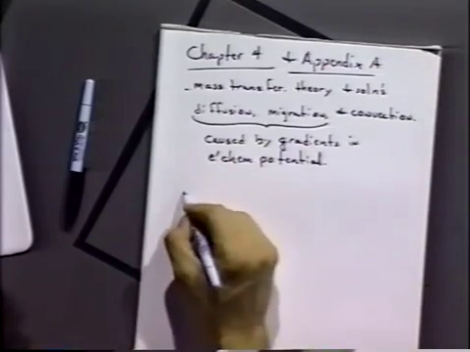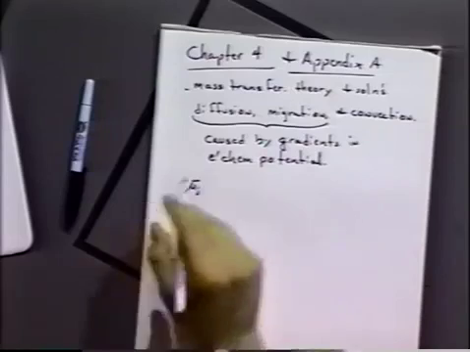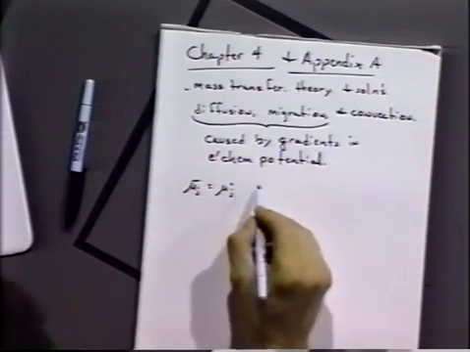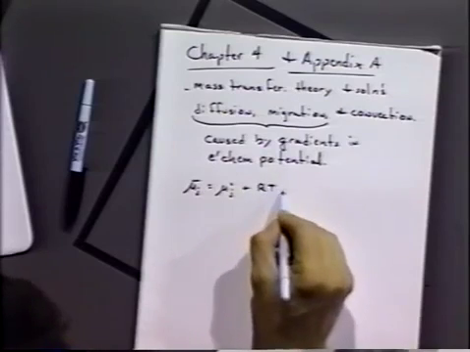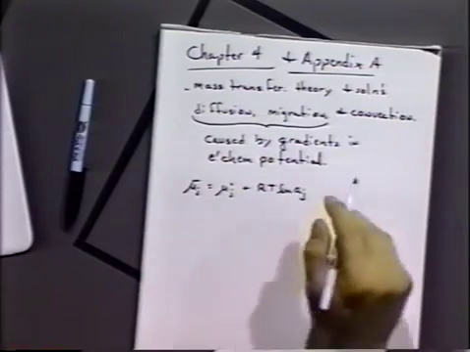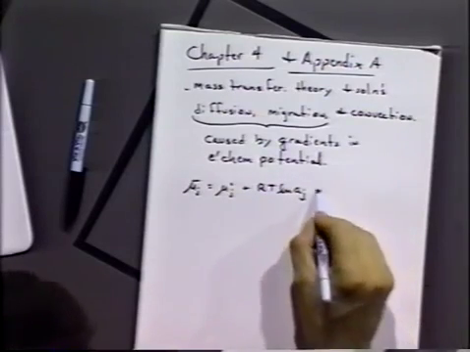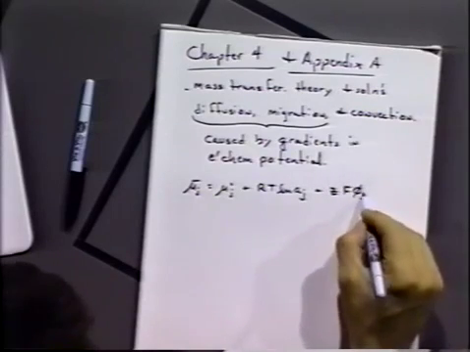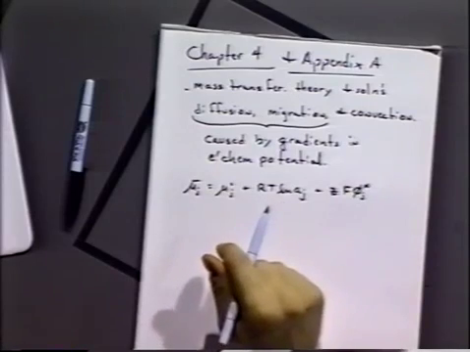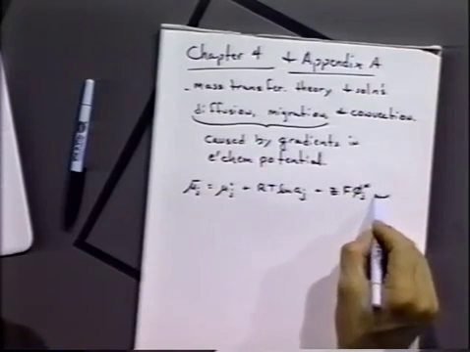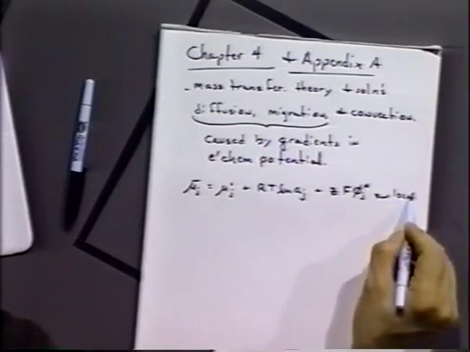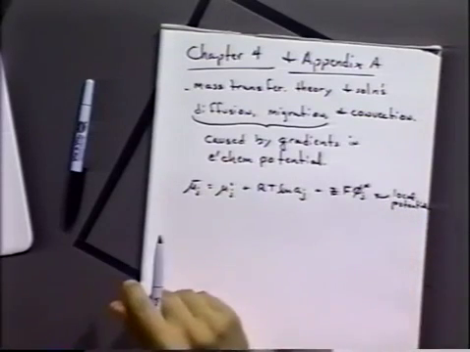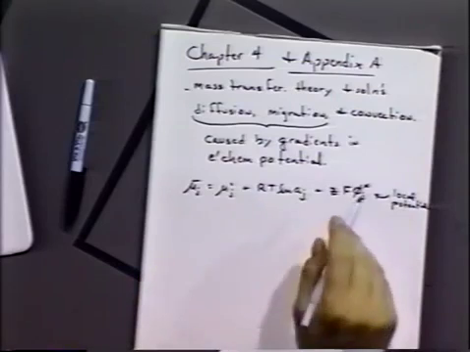For species j, the electrochemical potential is equal to the standard potential of species j plus an activity term of species j plus an electrical term. Okay, and so this would basically be a local potential: the potential at the point where that ion or molecule j is.